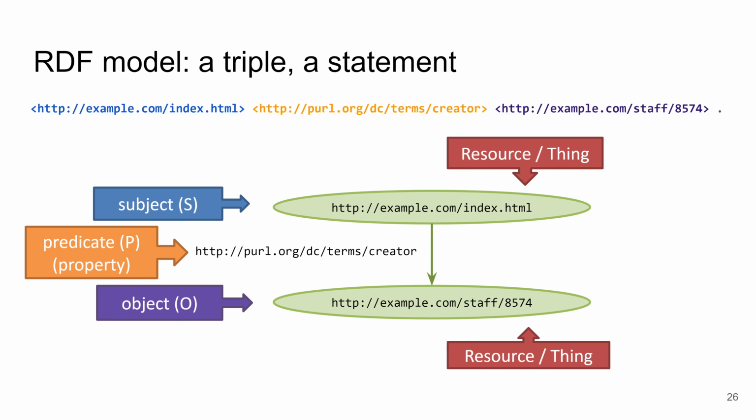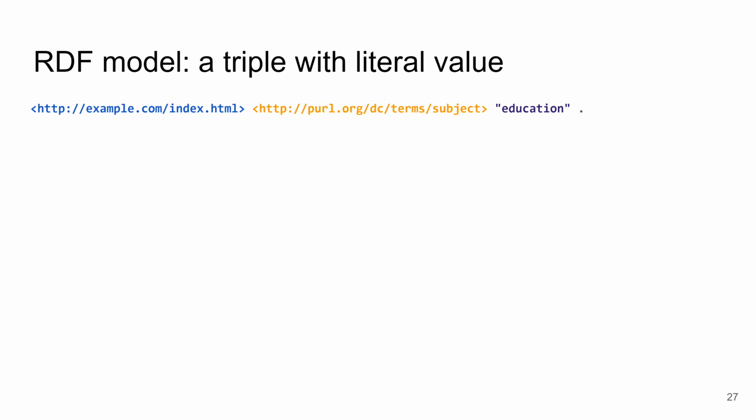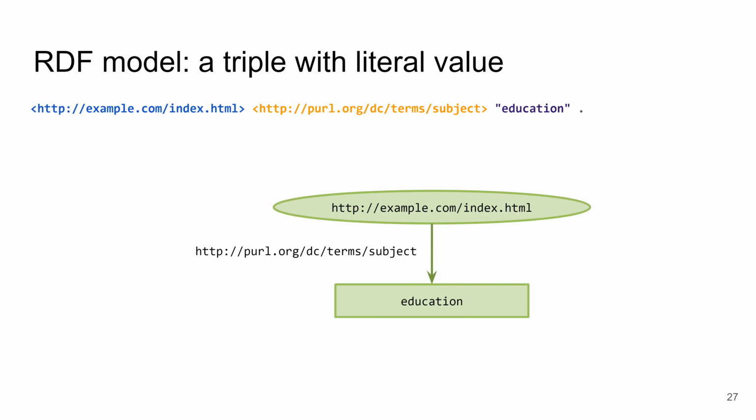And both the ovals represent a thing, and in RDF we call things resources. So an RDF resource is the same as a thing. Now we have already seen a second type of triple where the object is not another thing, but it is a simple value. And the simple value in the graphical notation is represented by a rectangle.